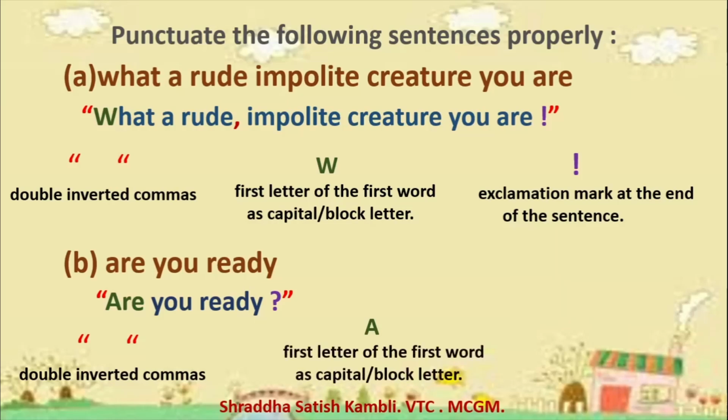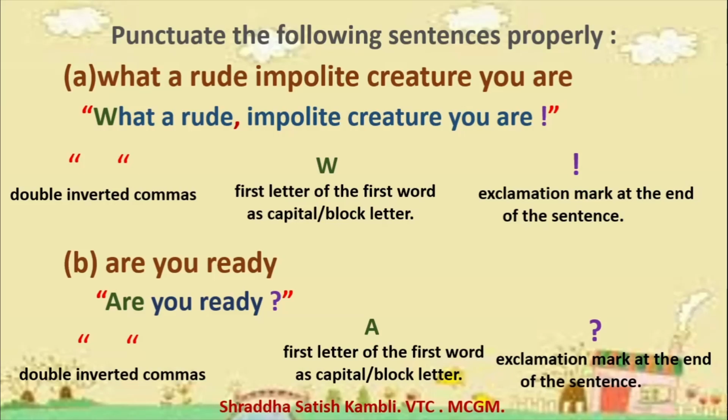So the first letter of the first word in a sentence, we've written it as capital, and we have closed the sentence using a question mark this time. Why question mark? Because it is a question. The exclamation mark is written, it's a printing mistake. Read it as a question mark.